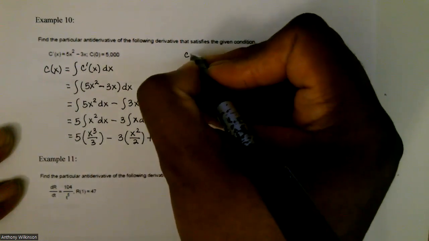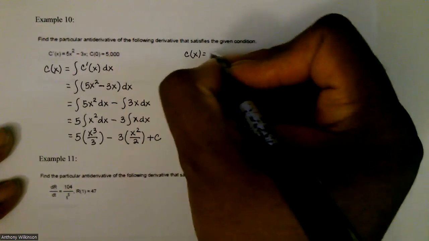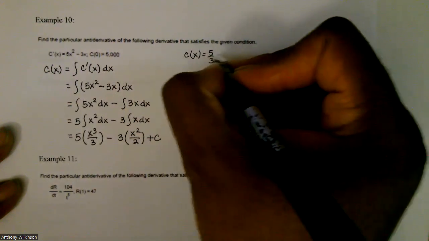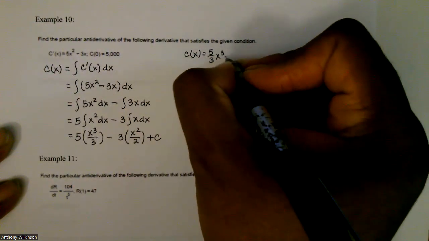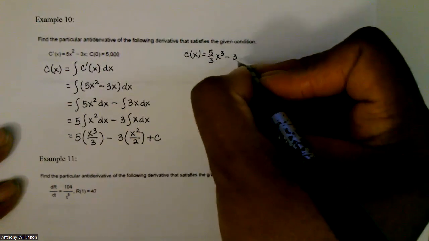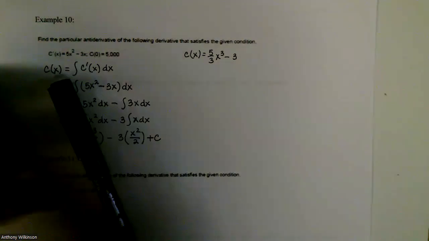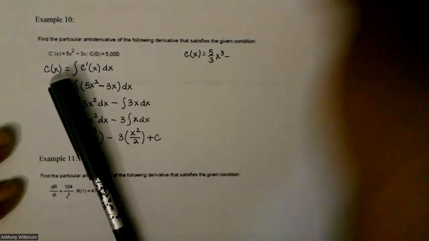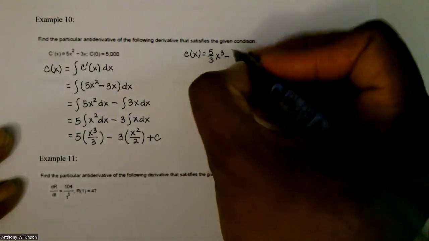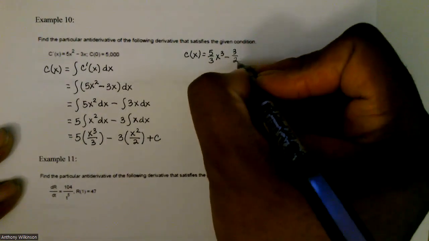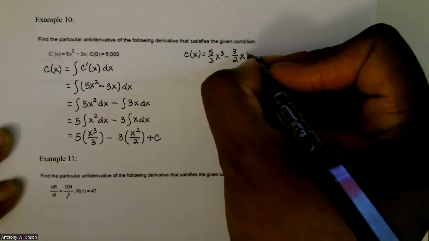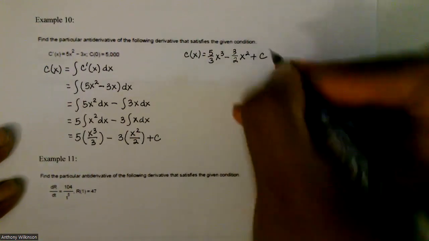So that means c of x is equal to 5/3 x cubed minus 3 halves times x squared plus c.